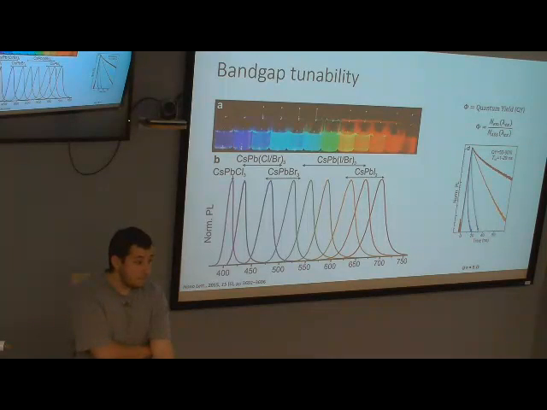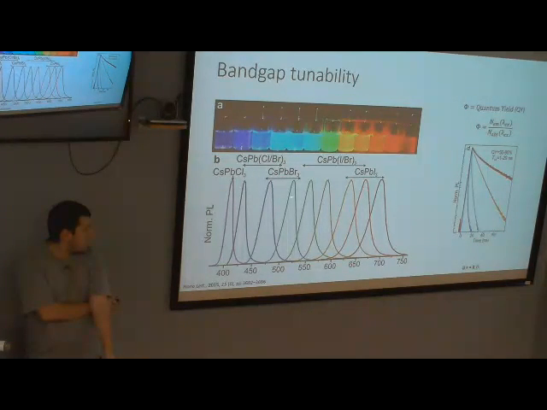Do you have to change your material to go from 450 to 500? With cesium lead bromide, you have the peak at about 475 and 525, depending on the size. So for perovskites, you can have the same material and have different emitting lights.